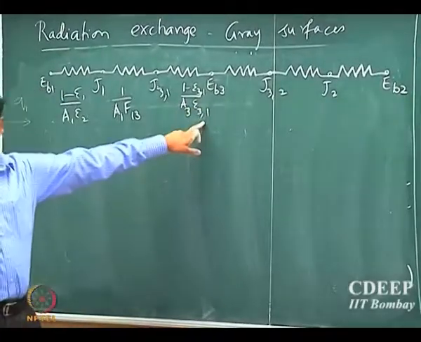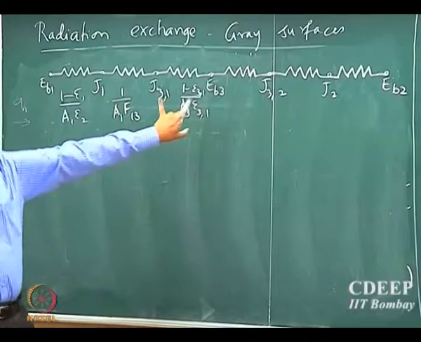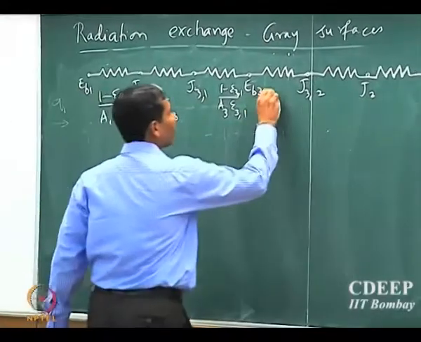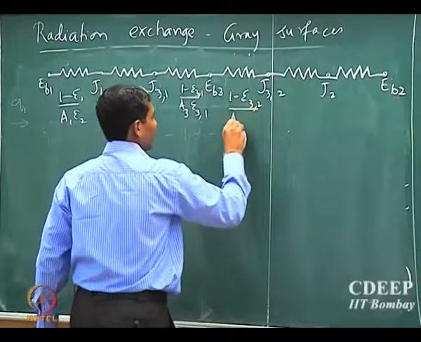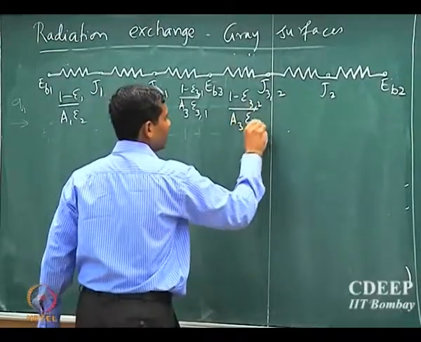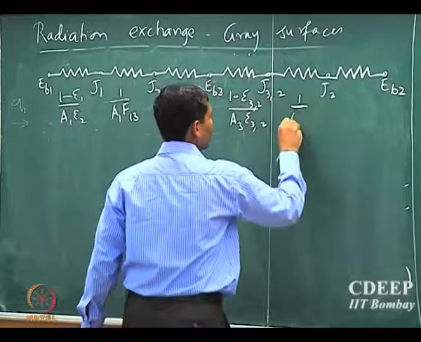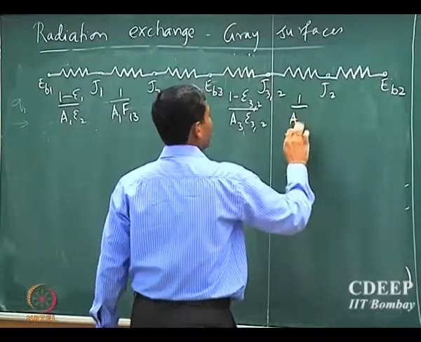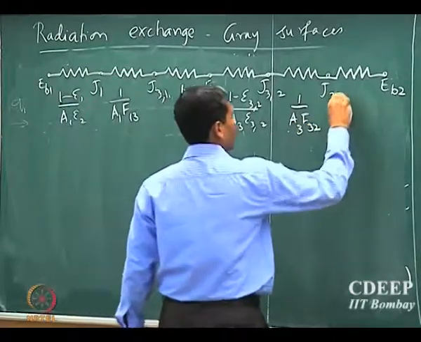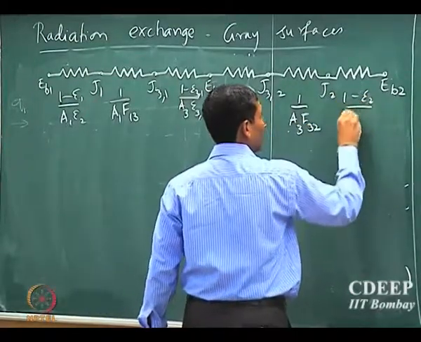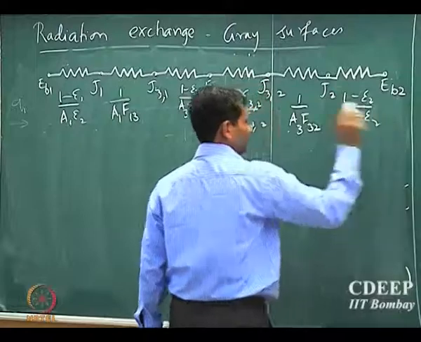So, note that the emissivities on the different sides are different, so you have to account for that in the resistances: (1 minus epsilon 32) by A3 epsilon 32, and 1 by A3 F32, and then (1 minus epsilon 2) by A2 epsilon 2.